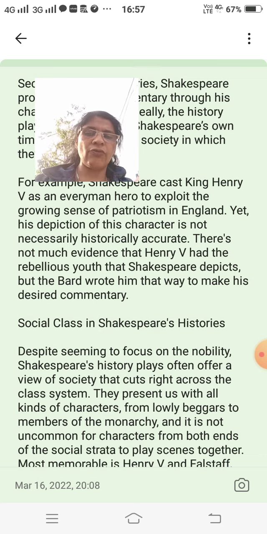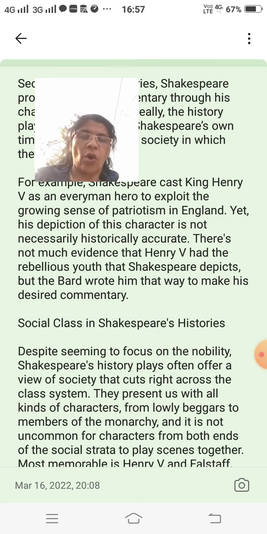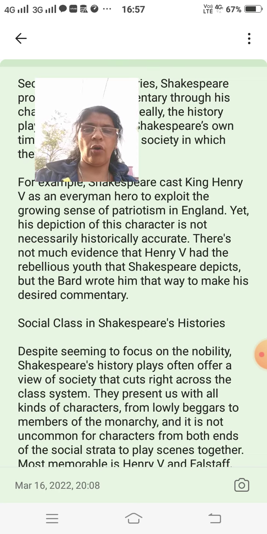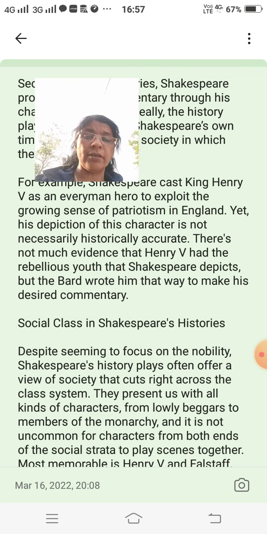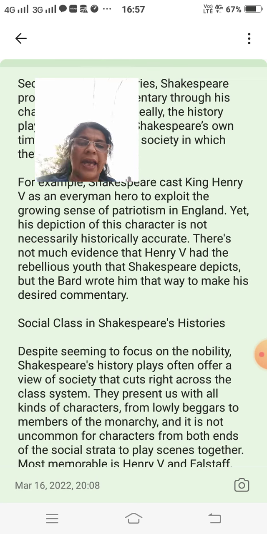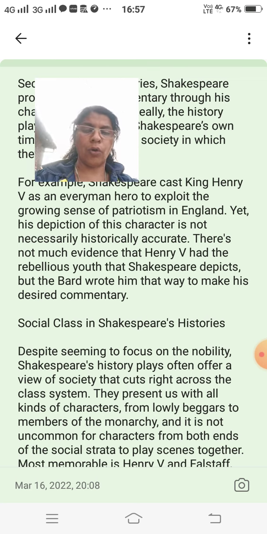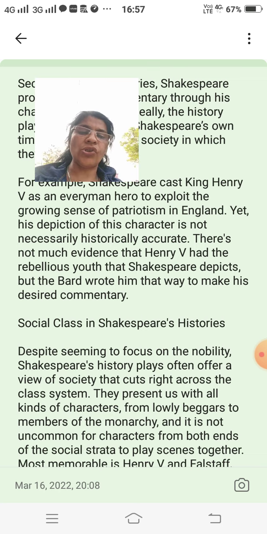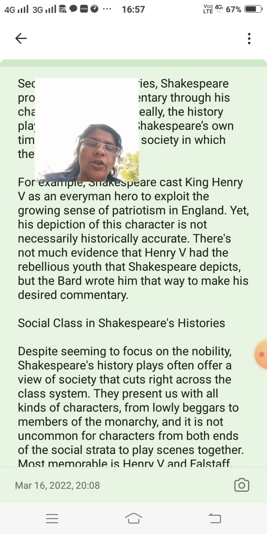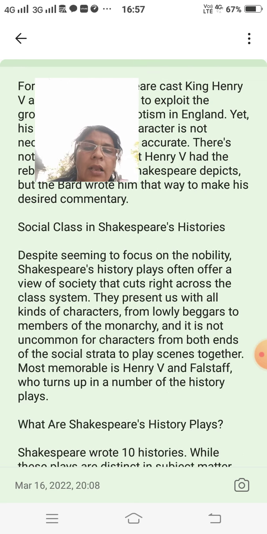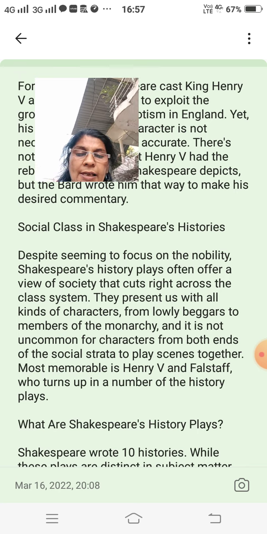They present us with all kinds of characters, from lowly beggars to members of the monarchy, and it is not uncommon for characters from both ends of the social strata to play scenes together. Most memorable is Henry V and Falstaff, who turns up in a number of the history plays.